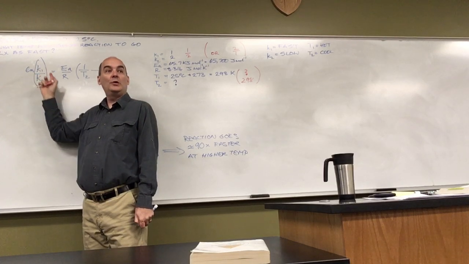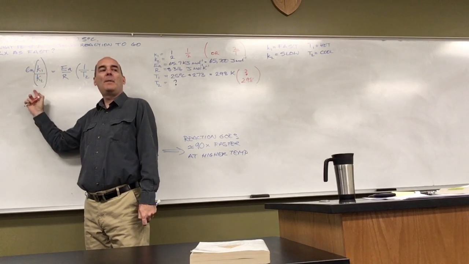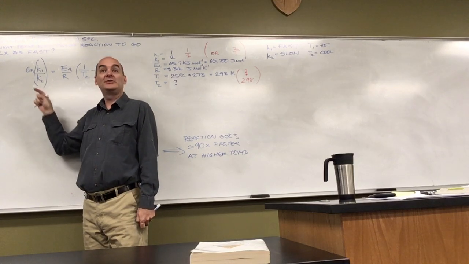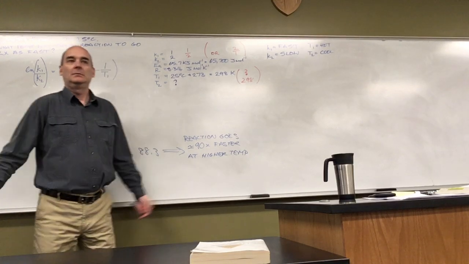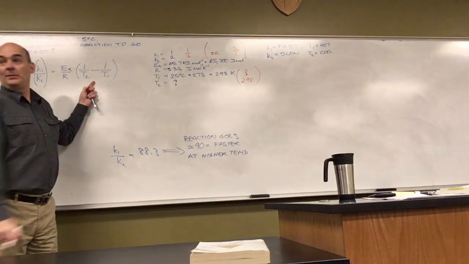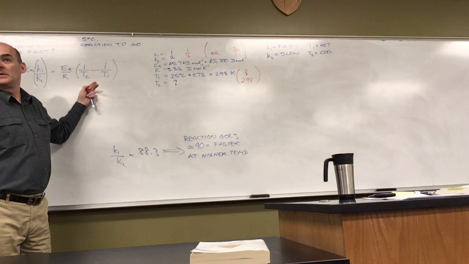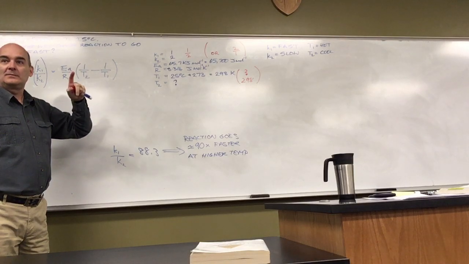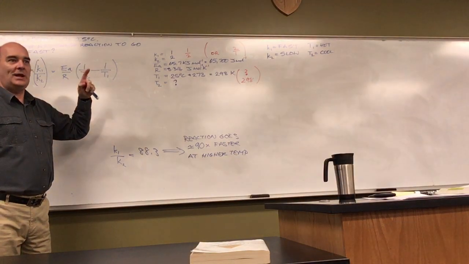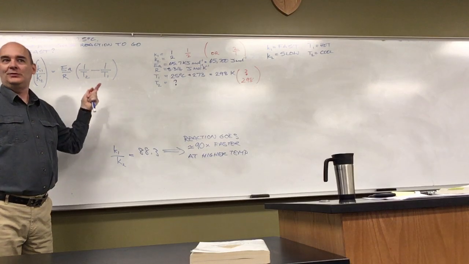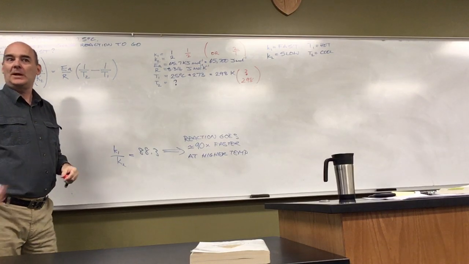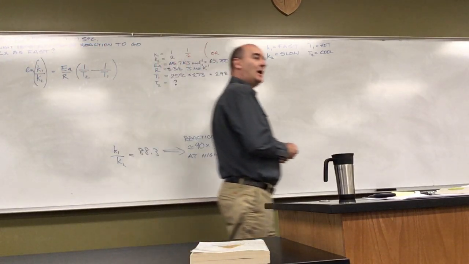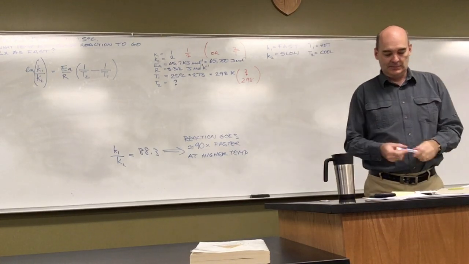This gives me 1 over 2 instead of 2 over 1. My log of that number is going to be a negative number. Don't care, because that's going to be a negative number as well. This is going to look a little bit uglier than doing it the other way, but it's worth doing it upside down just to prove that it doesn't matter. I'm going to have negatives on both sides, but they're going to cancel each other out.